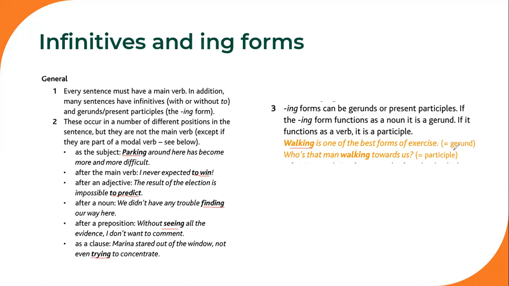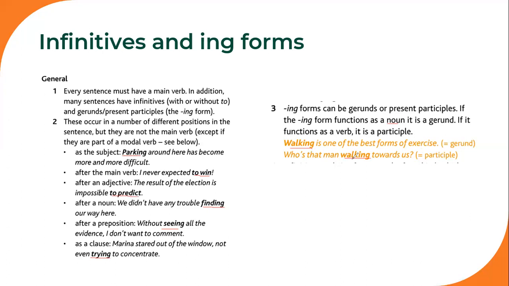That is a gerund, functions as a noun. Then if the ing functions as a verb, it is called a participle, as we have in the other sentence. Who is that man walking towards us? So this represents the action, right? The action of walking. This is called a participle.